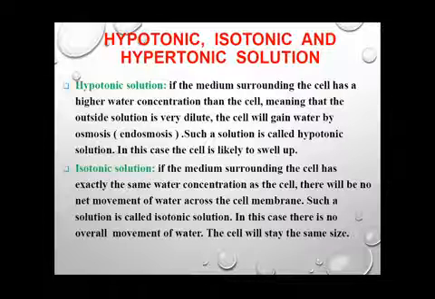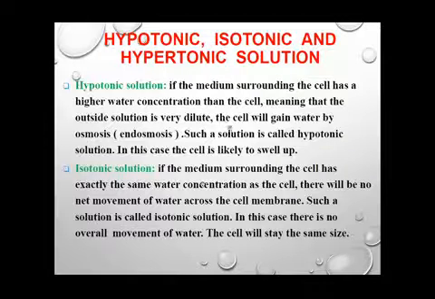The solution which is present outside the cell is very much dilute, and the solution which is present inside the cell is very much concentrated. So the water particles will start moving from the region of higher concentration to the region of lower concentration, that is, from the outside medium towards the inside of the cell.